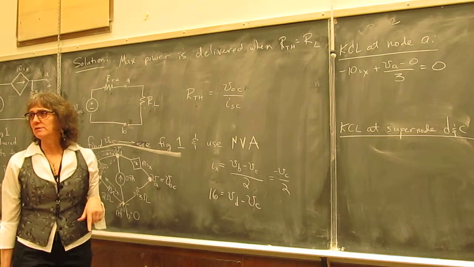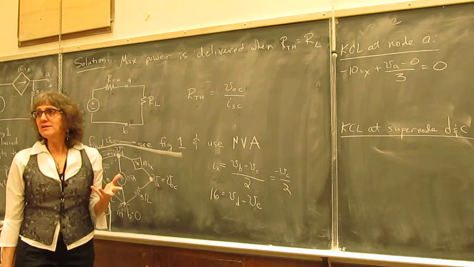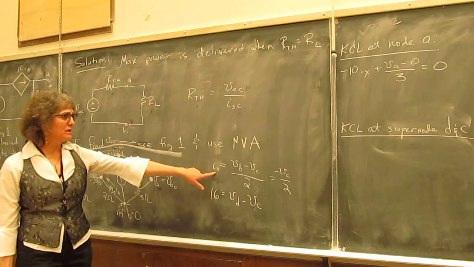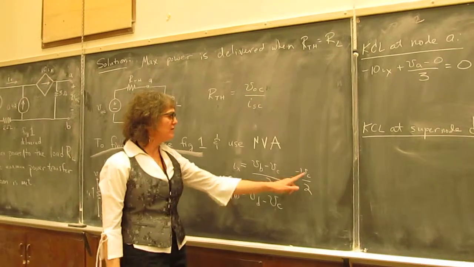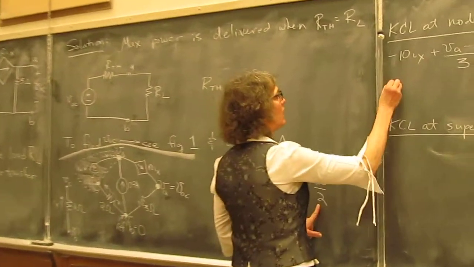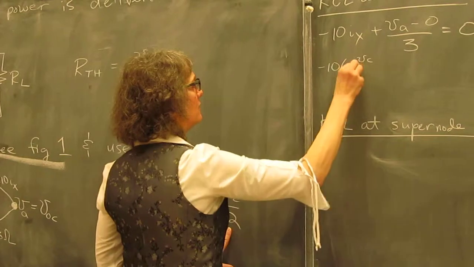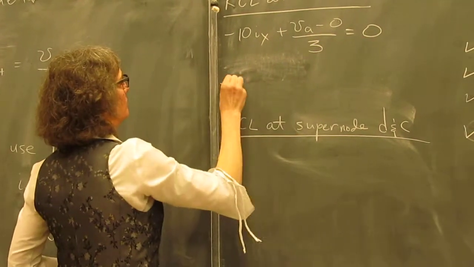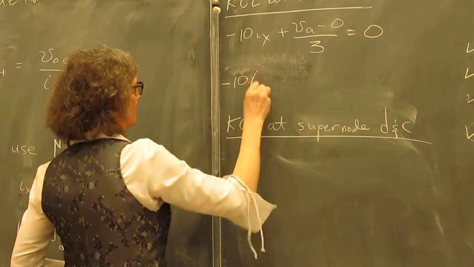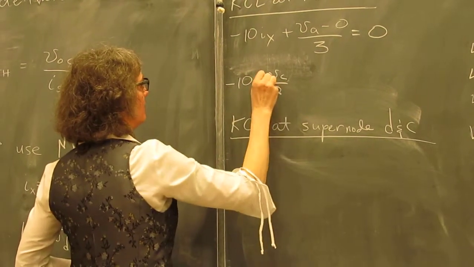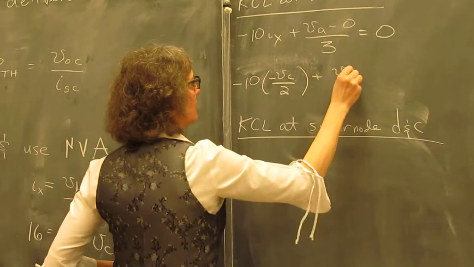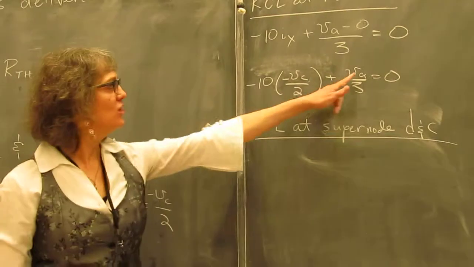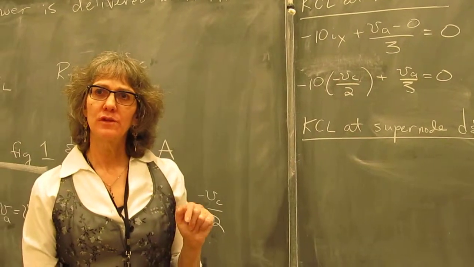I don't like that because Ix is not a node voltage. So I go back here, which is what we got in step 3, and I'm going to substitute minus VC over 2 for Ix. And now I'm happy, because I have an equation that only has node voltages in it.